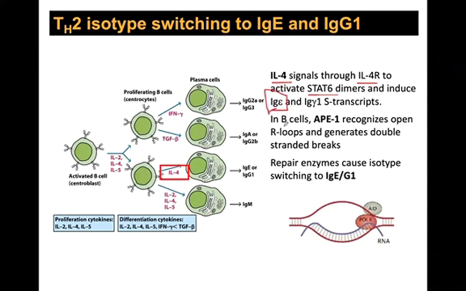Okay, so the Ig epsilon S transcripts hold open the R loop ahead of Ig epsilon, and you get AID deamination there, and then you cut those out, and then APE1 will come in and recognize those apurinic sites and cause double-stranded breaks. And so then when you repair that, you get isotype switching to IgE.